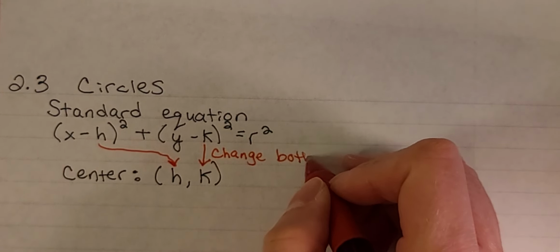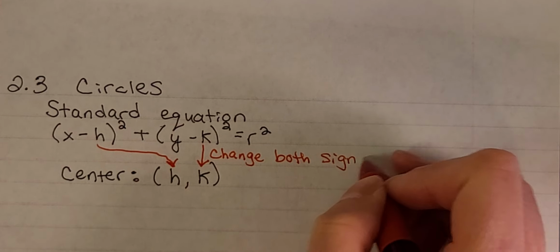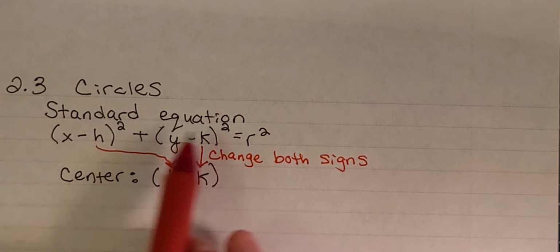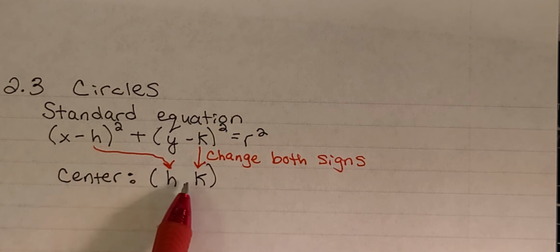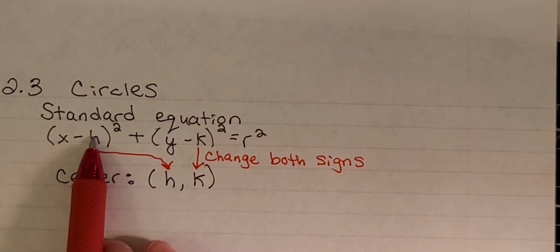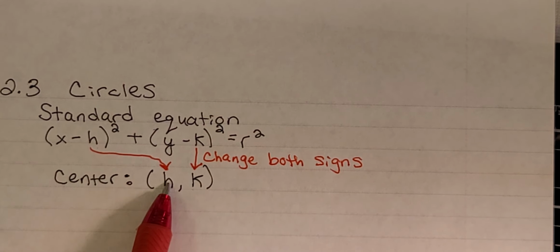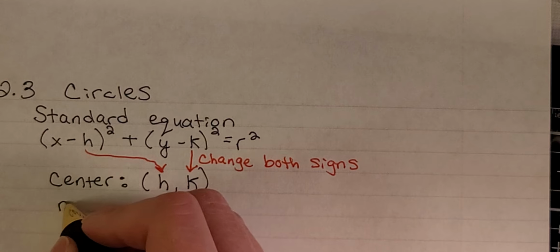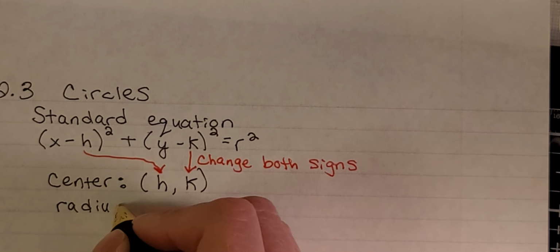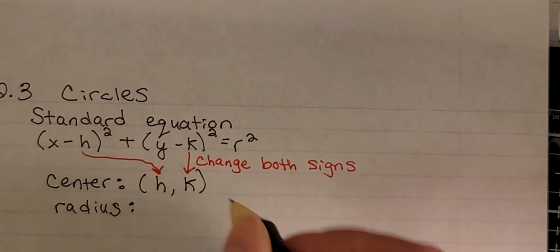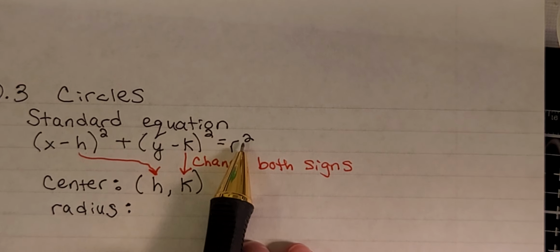Change both signs. So these will actually be numbers. So if this guy's negative, you put it down as a positive. If this is a positive, you put it down as a negative. So you're putting down the opposite signs for your center. Your radius is going to be a number.